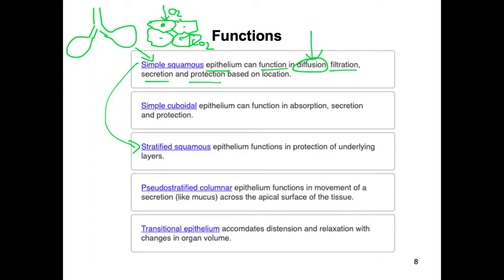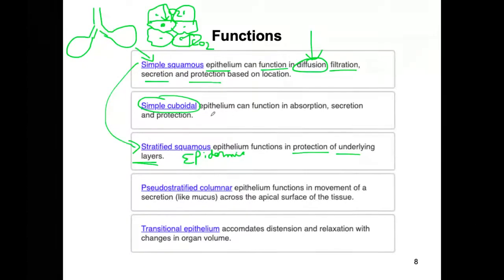But if something is 25 to 30 layers of stratified cells, like in the skin, well, that's great for protection, to protect the underlying layers. So stratified squamous, we'll see that in the skin, especially where we have the epidermis. Epidermis, okay? Simple cuboidal, these are going to be found where the kidneys are located.